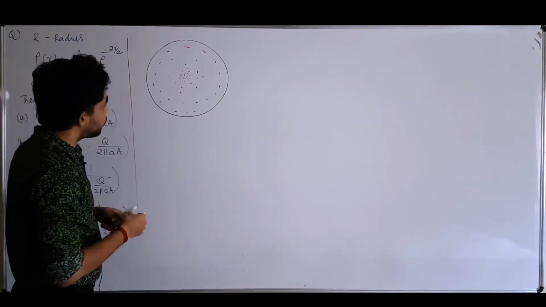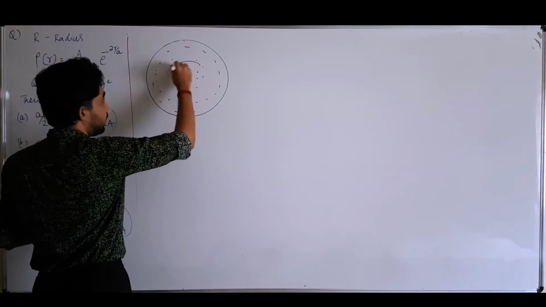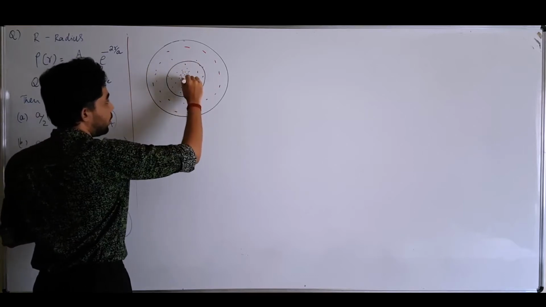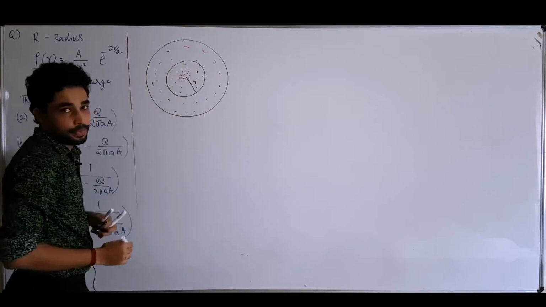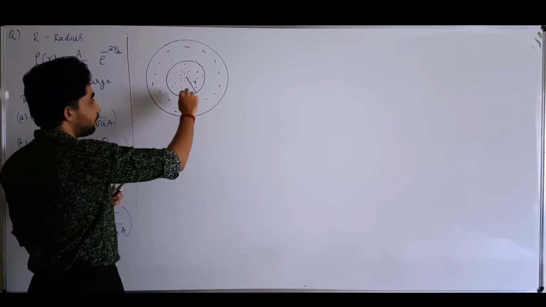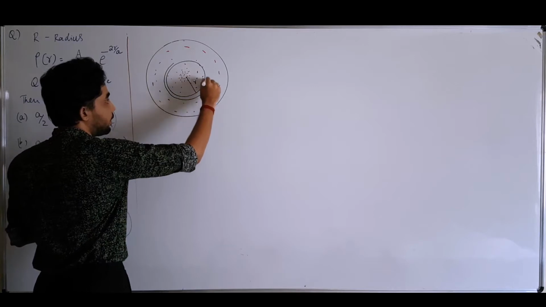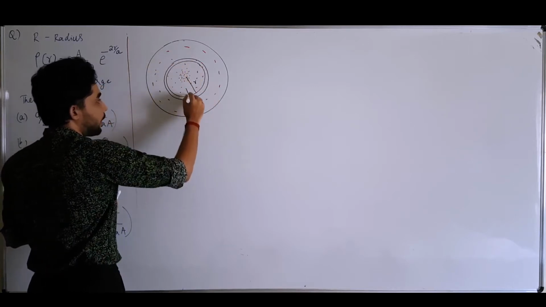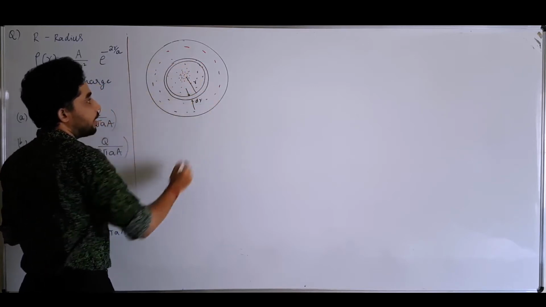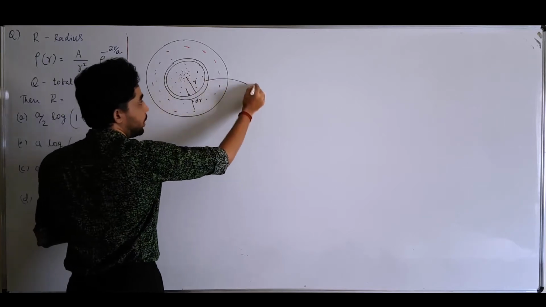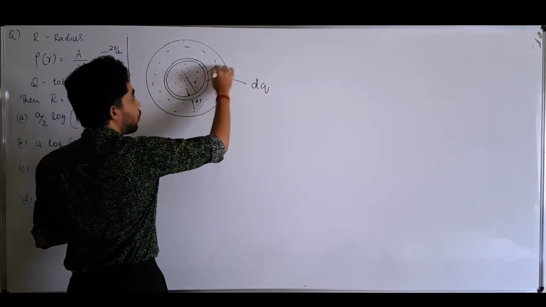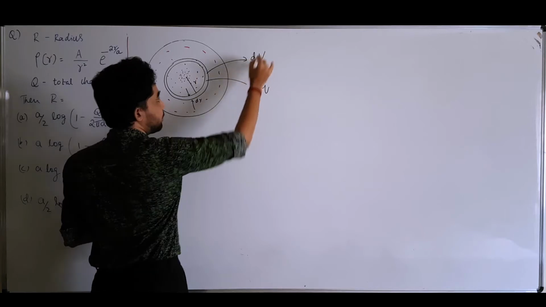Say suppose I consider a sphere like this having some radius r, and let the sphere be extended by a small thickness of dr, and let the charge present in this be dq, and let the volume of this be dV.